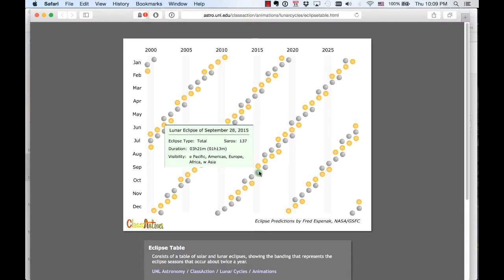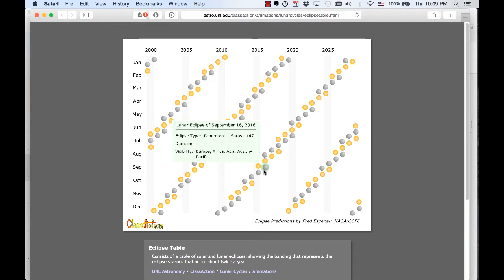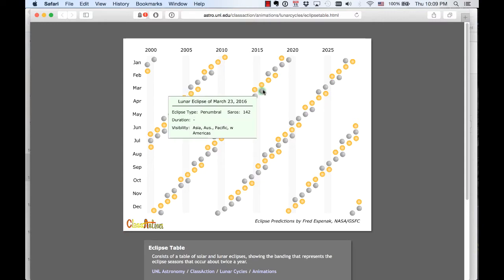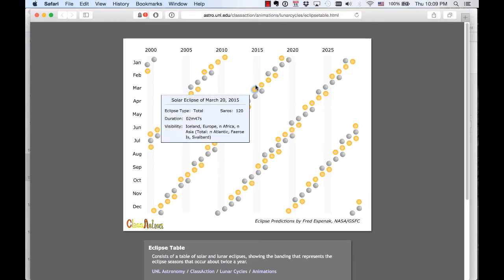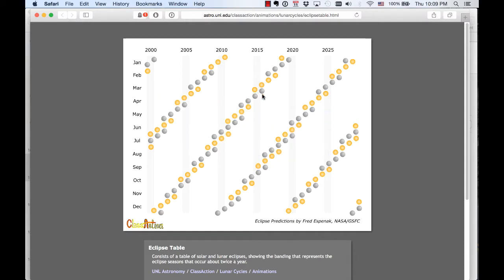And then 6 months after that, that would be in 2016, I don't have a comparable lunar eclipse in there. I've got a partial lunar eclipse 7 months after, and that is, let's see, where'd it go?